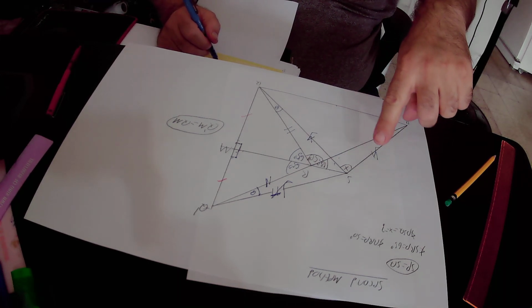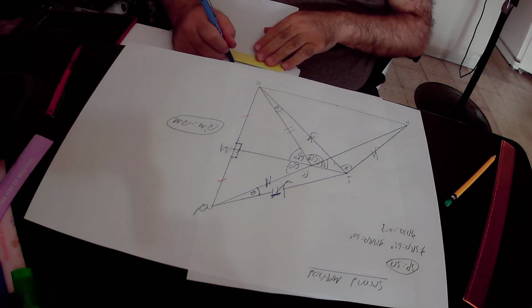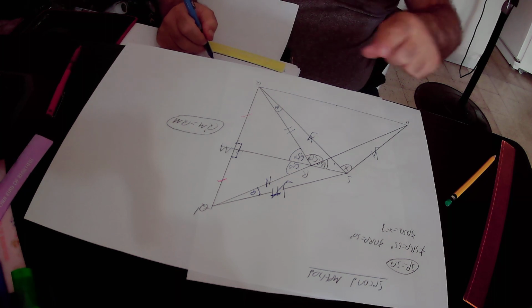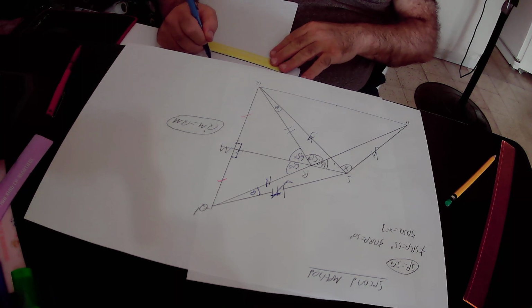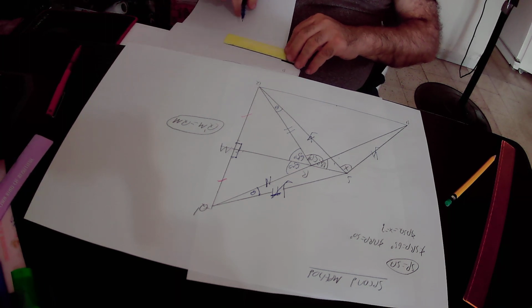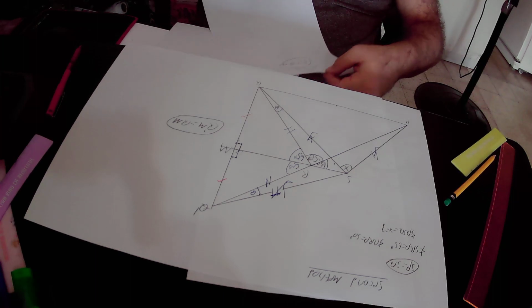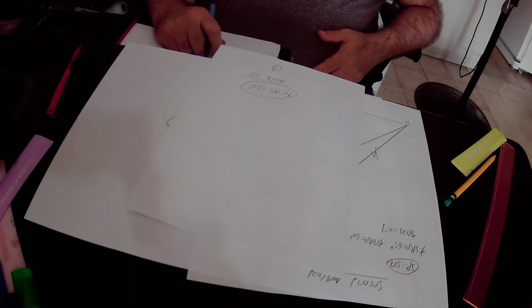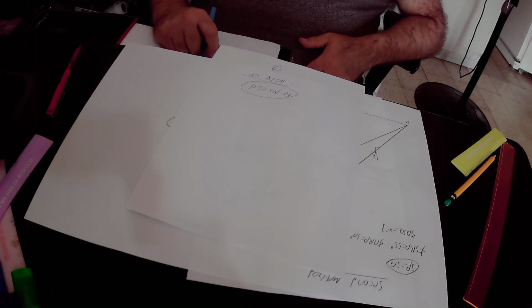That is to say, PS equals SQ dash, and they are both equal to Y according to our definition.